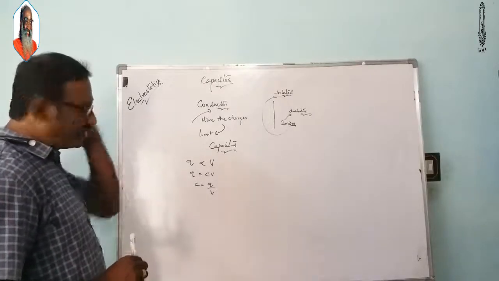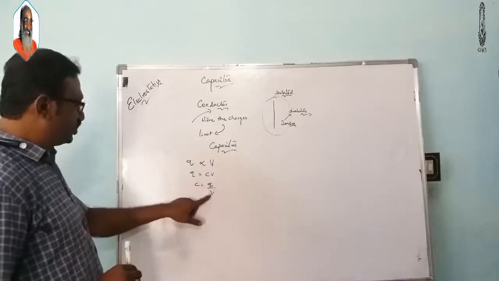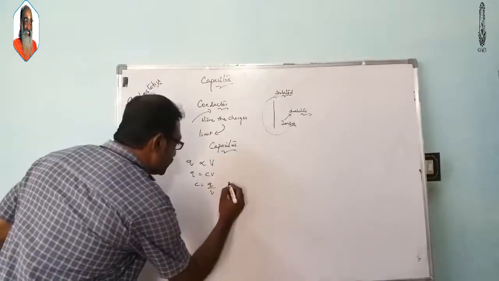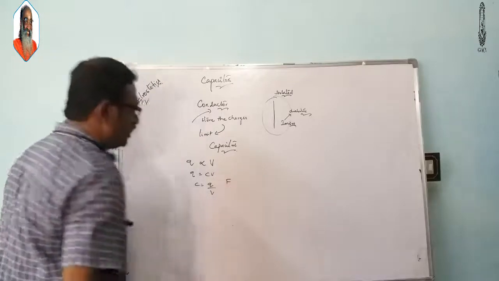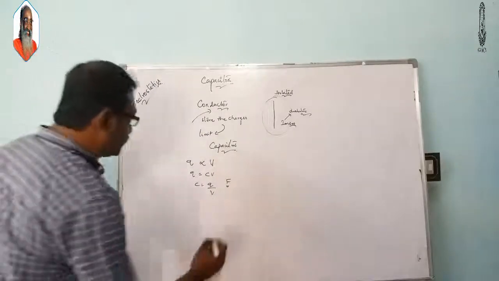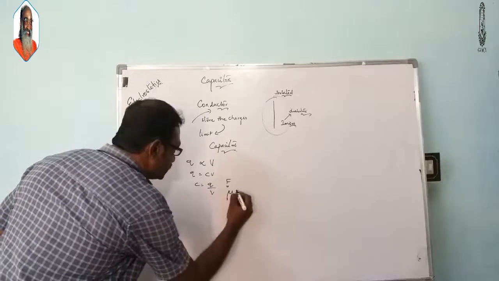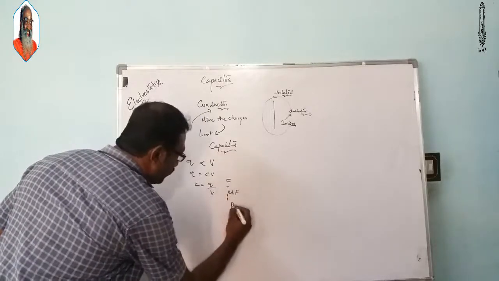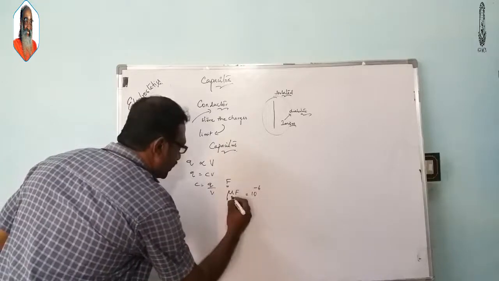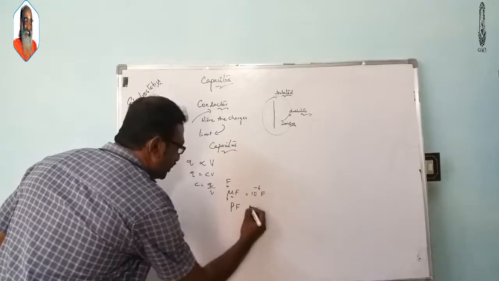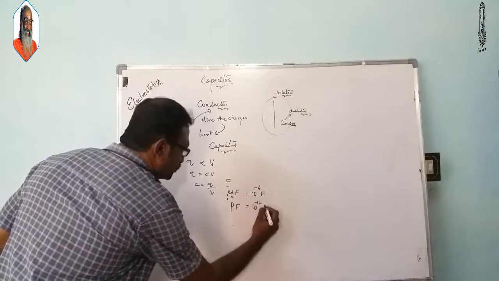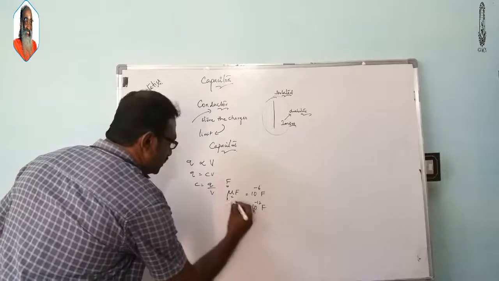So the capacitance of a conductor is the ratio of the charge to the potential raised. So C is equal to Q by V, and the unit is the farad. This is comparatively a larger unit, so we go with microfarads and picofarads. 1 microfarad is 10 power minus 6 farad, and 1 picofarad is 10 power minus 12 farad. This is the conversion.